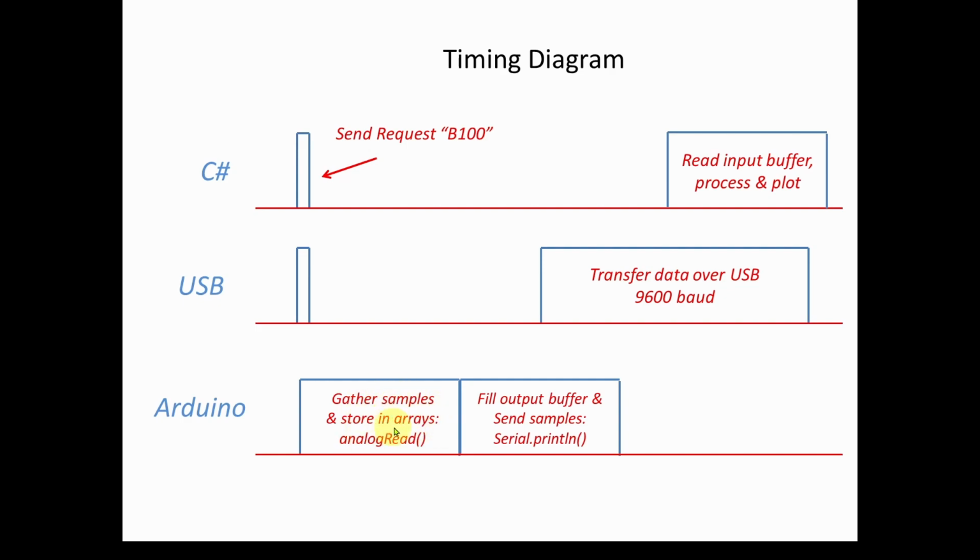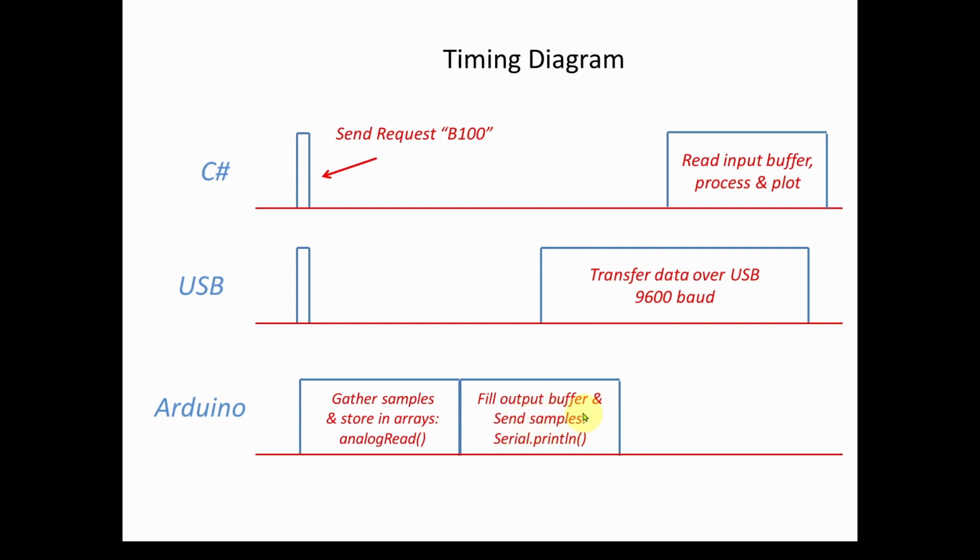Once it's done putting all those values in the arrays, it now has to send those back to the computer. The way it's going to do that is it's going to fill the output buffer. Now the Arduino has a very small output buffer of like 64 bytes, I think. So it's going to take that data and fill the output buffer, and then send those samples via the Serial.println command on the Arduino.